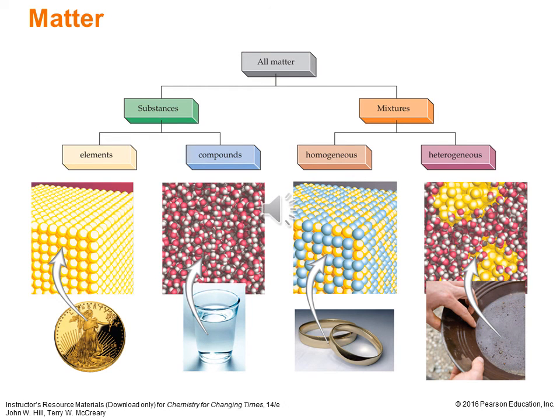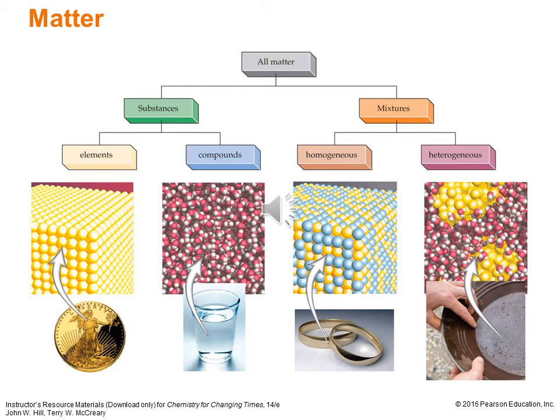We see here a nice graphic organizer, a way to take matter, our big idea, and to segregate it into different types. So we see that all matter can be classified as either substances on our left or mixtures on our right.